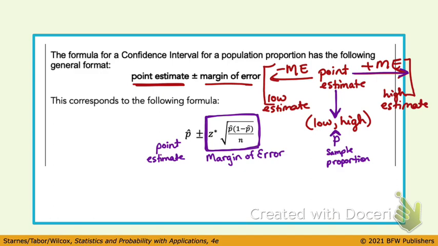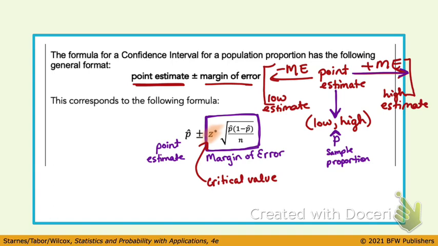The Z-star critical value. That is what we just talked about a minute ago. This is our critical value, and that's basically how many standard errors we are going to go from the middle.